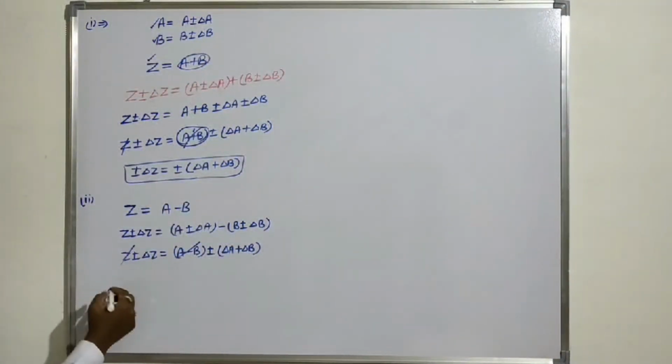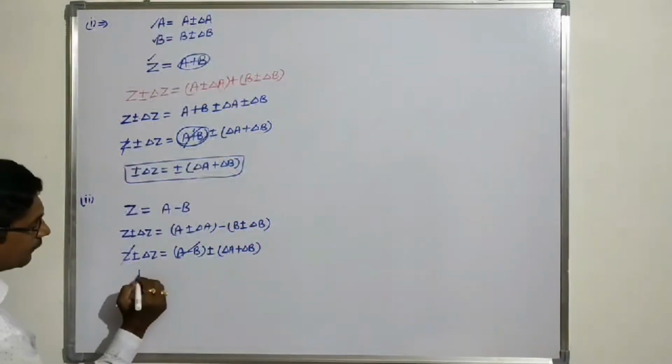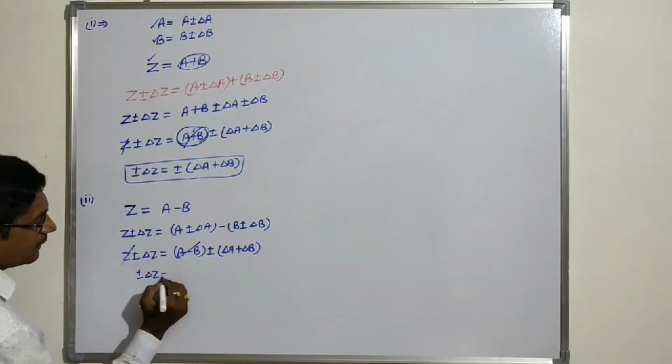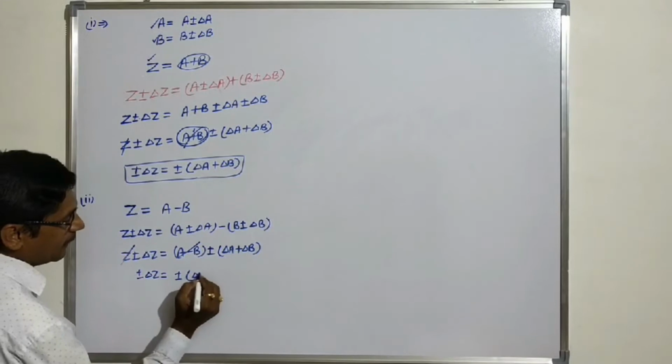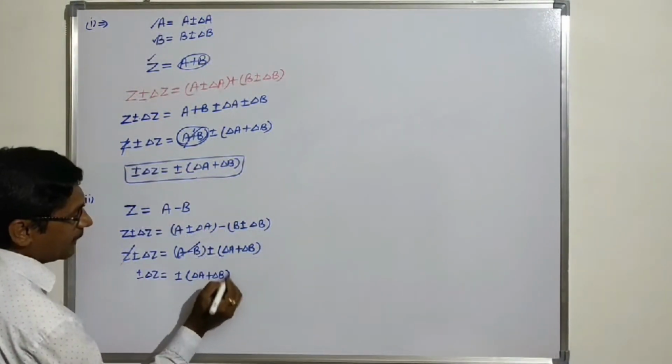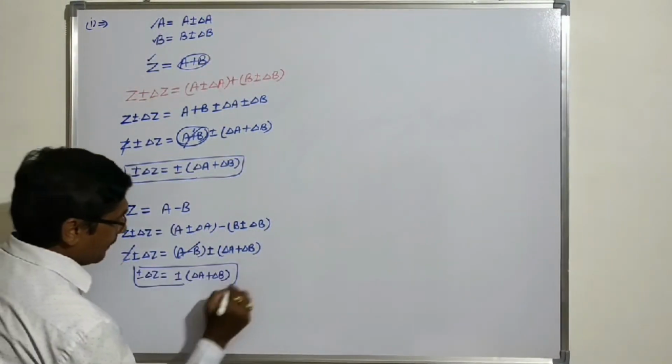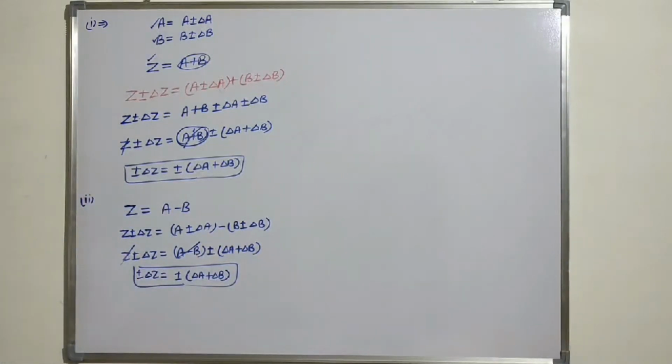This value is cancelled by this because Z equals A minus B. So plus minus del Z is equal to plus minus del A plus del B. In general, we can say in addition or subtraction, errors are generally added.